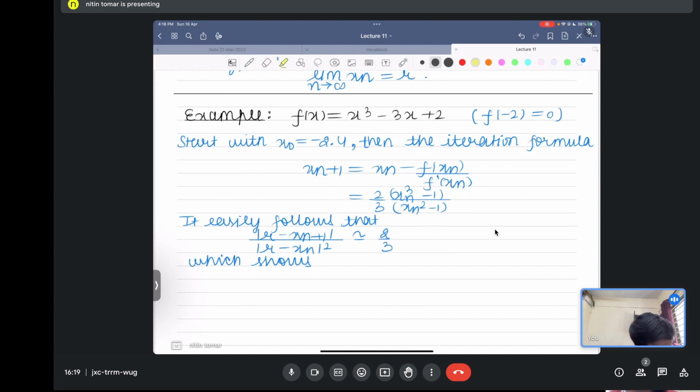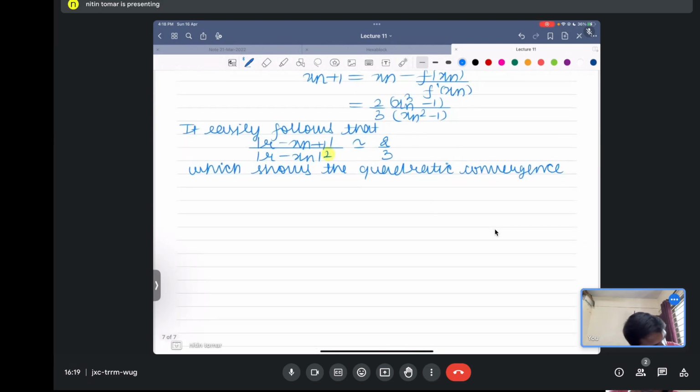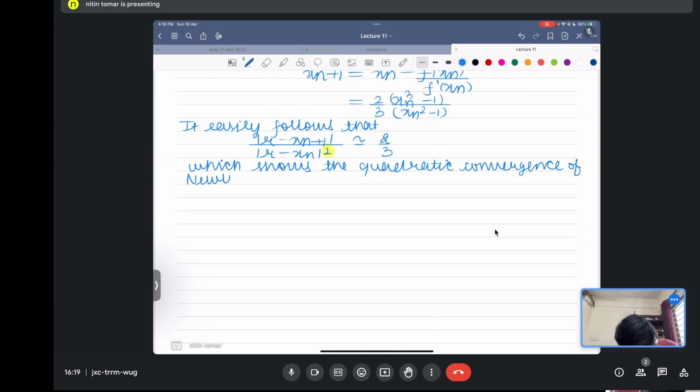Because 2 is here, you just remember the definition. So with this we finish the Newton-Raphson method.